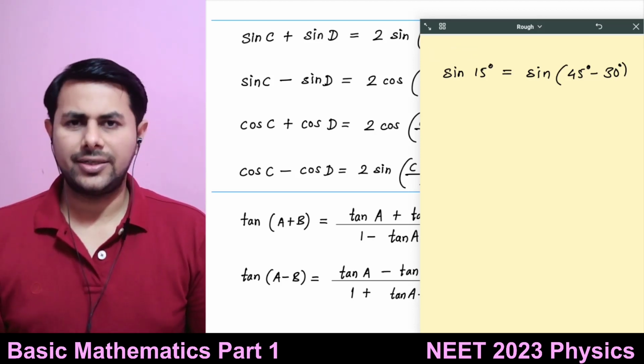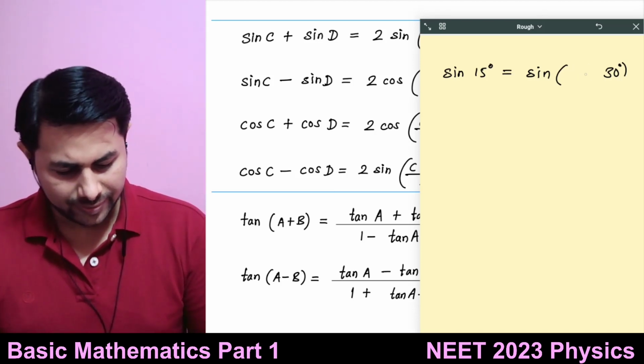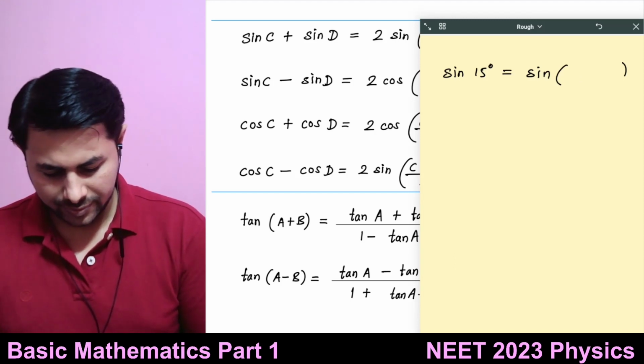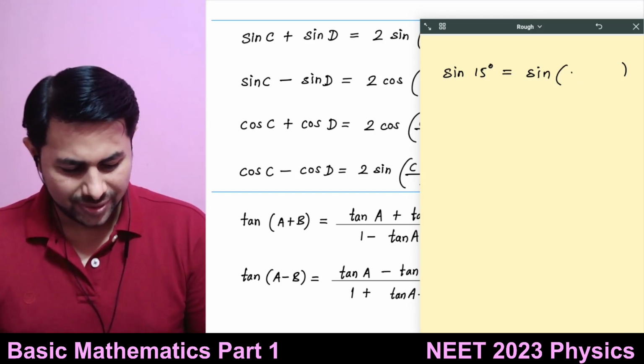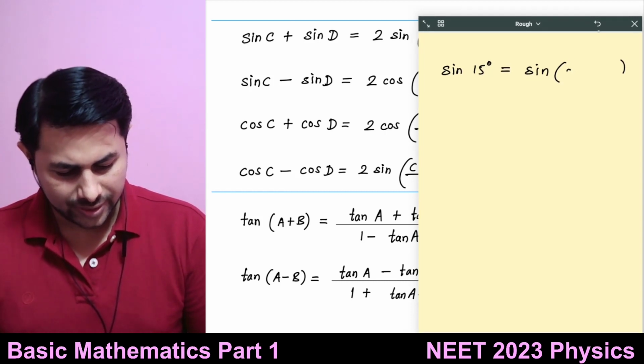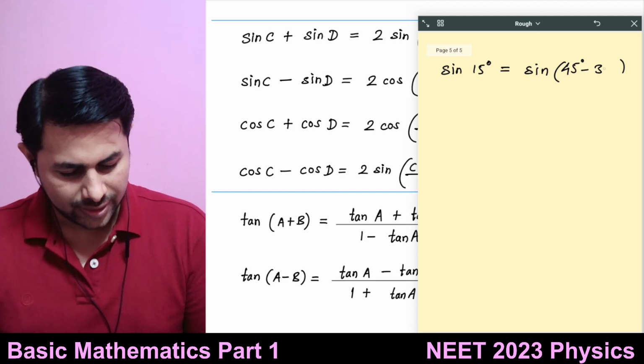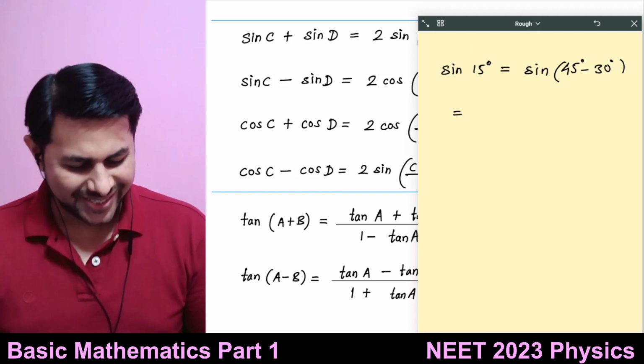Or I can write it as 30 degrees minus 0 degrees. I guess that would be better because sine 0 is 0. What was I saying? 45 minus 30.